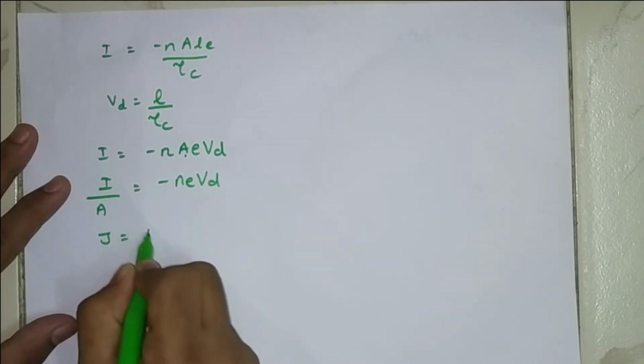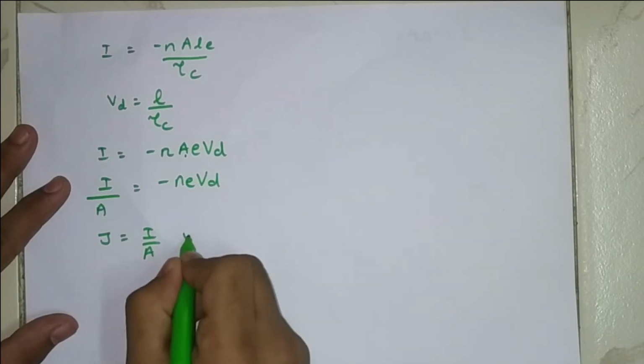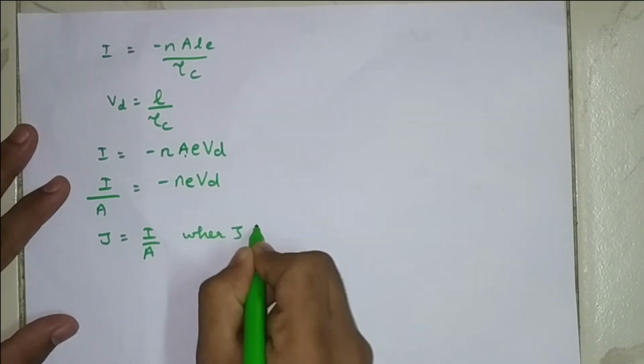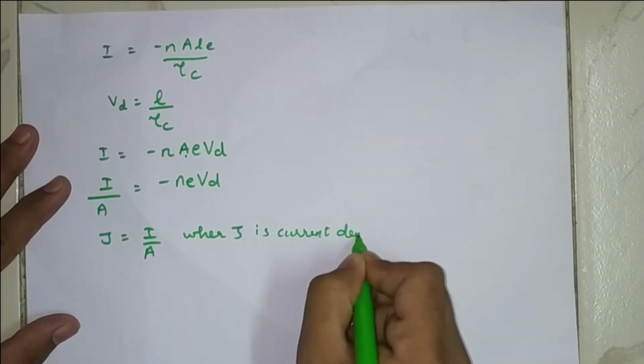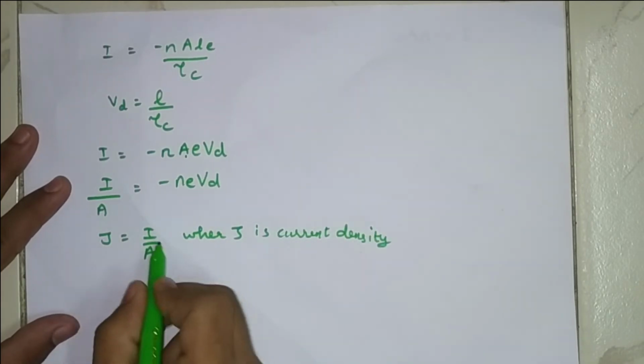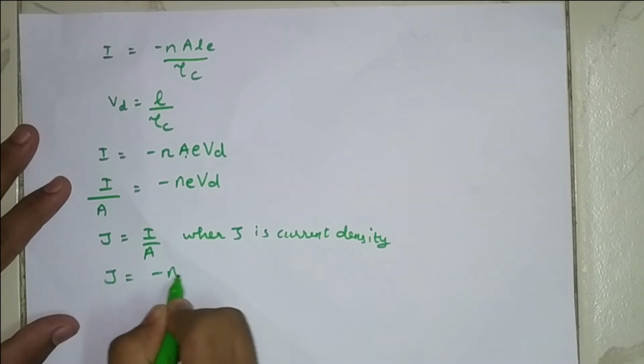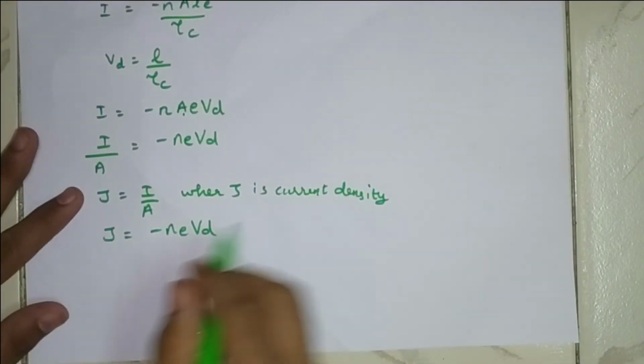J equals I by A, where J is the current density. So J equals minus neVd.